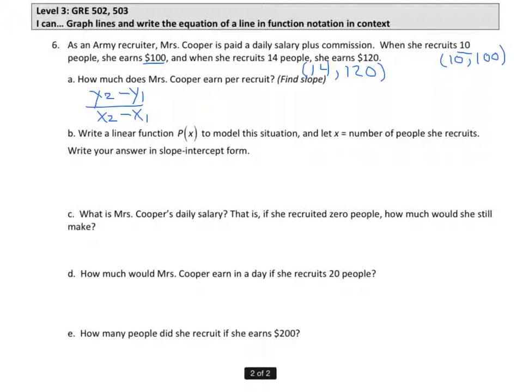So if this is my x1, y1, and my x2, y2, I find the slope. 120 minus 100, subtract the y's on the top, subtract the x's on the bottom, 14 minus 10, and we get 20 over 4, which equals 5. And that means she earns $5 per recruit.